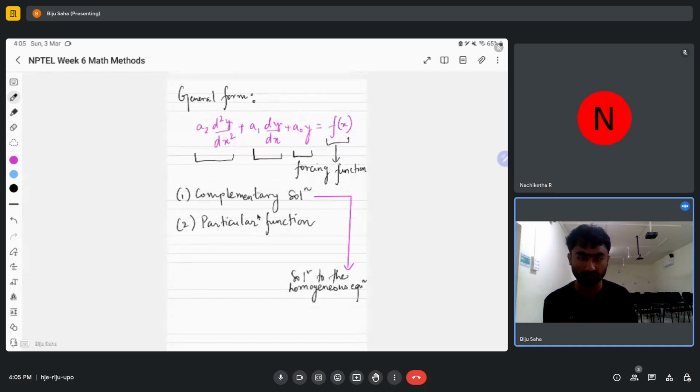Given this particular differential equation, the solution can be written as a sum of 2 terms. The first term will contain the complementary solution, and the second term will be the particular solution. Now what is the complementary solution? The complementary solution is nothing but the solution to the homogeneous equation.